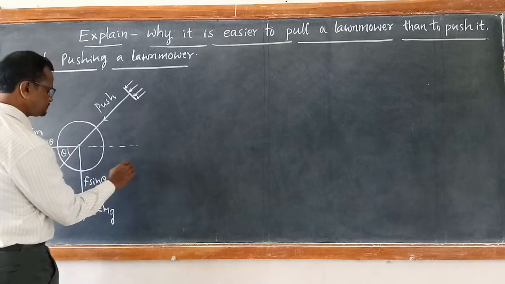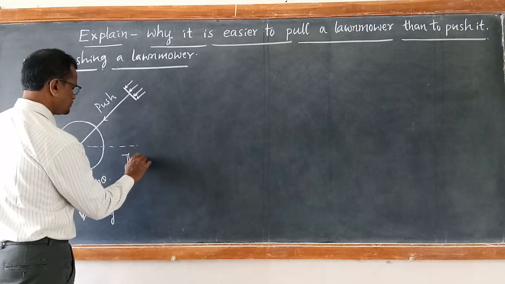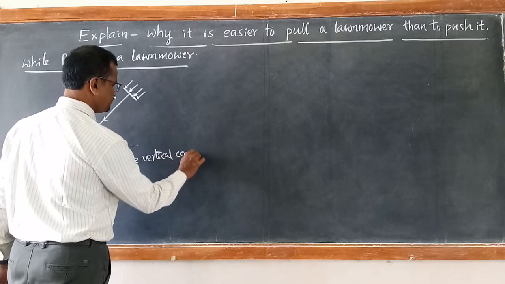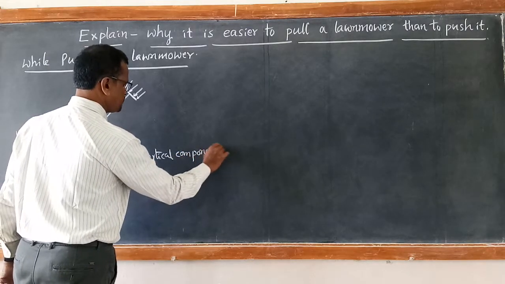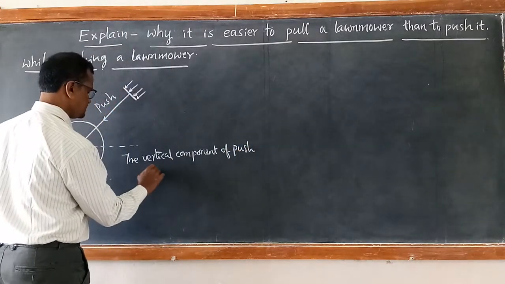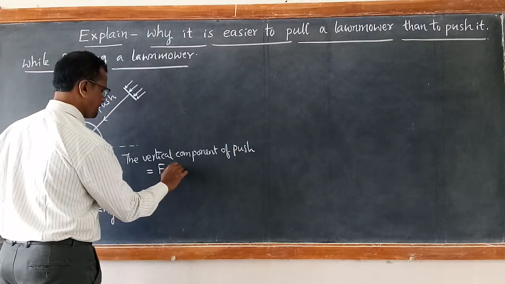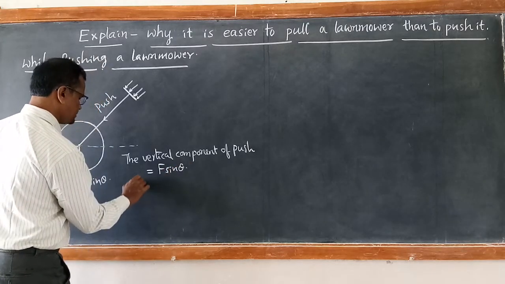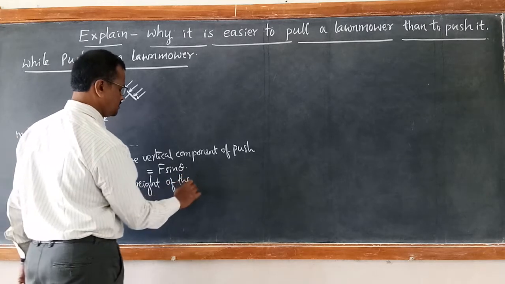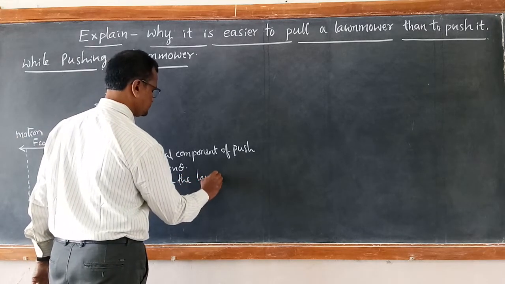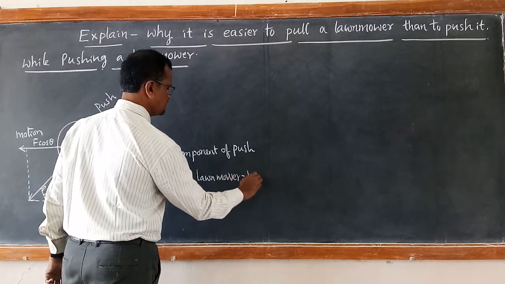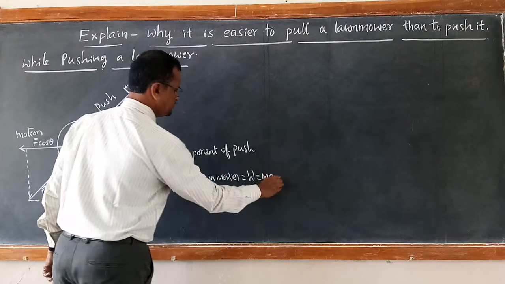So the vertical component of push is F sin theta. Weight of the roller or lawn mower is W, that is equal to mg.